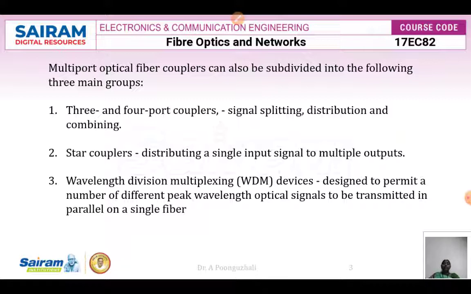Next is wavelength division multiplexing devices. In wavelength division multiplexing devices, we take a number of optical signals with different wavelengths and transmit them in parallel on a single fiber. Here a multiplexing technique is used where the different optical wavelength signals are multiplexed and transmitted in a single fiber.